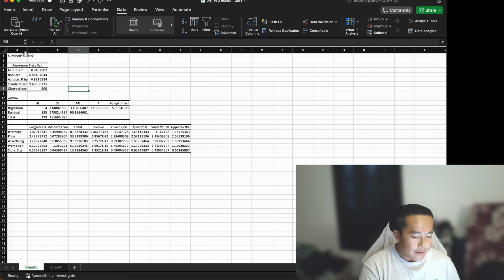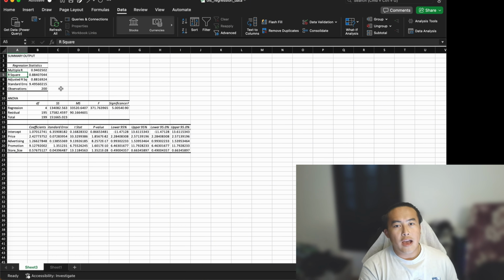Now, it tells us a bit about the statistics, and I'll go into understanding some of the key statistics that you might want to look out for. And this is really, really basic. Now, a really simple one that you want to look out for is R-square. R-square simply tells you how well the model fit according to the data.